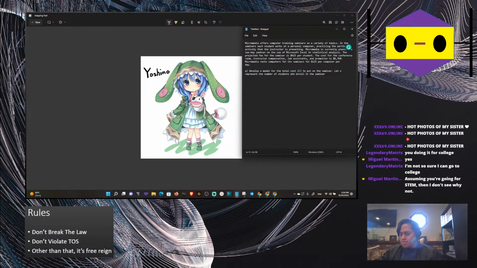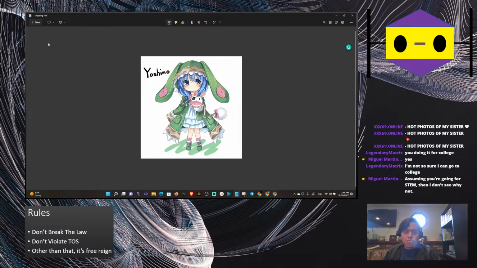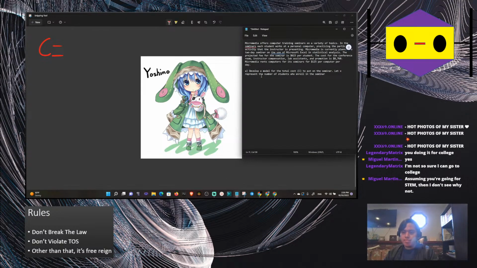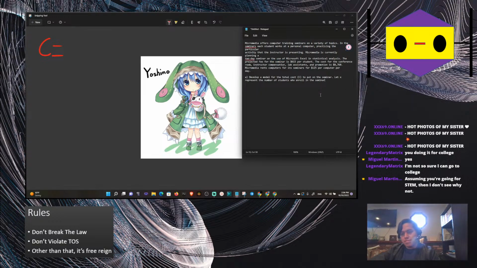So in other words, it's asking what is the formula for C? C equals what? Can you bring up the question again? There you go. Okay, it's a 2-day seminar.